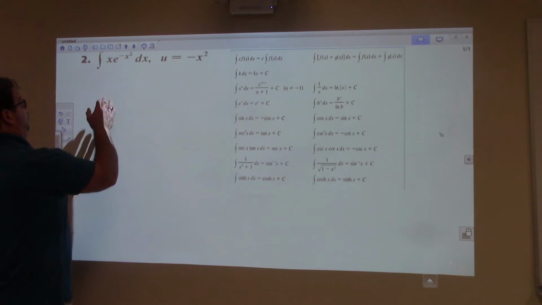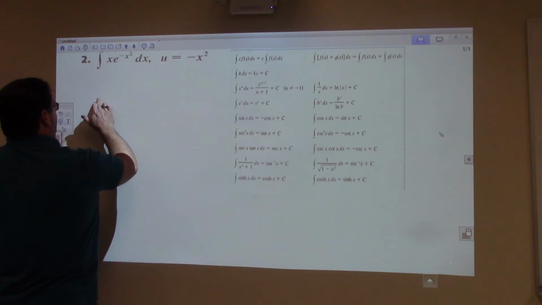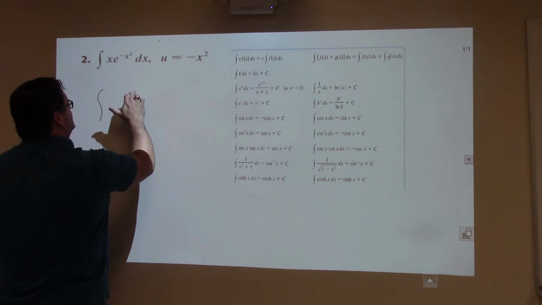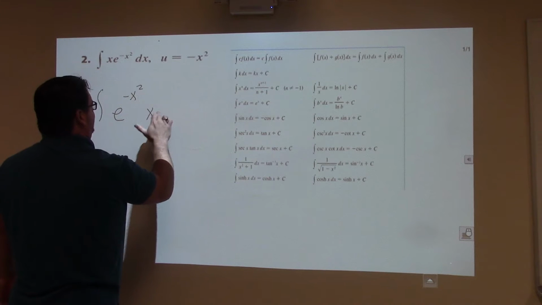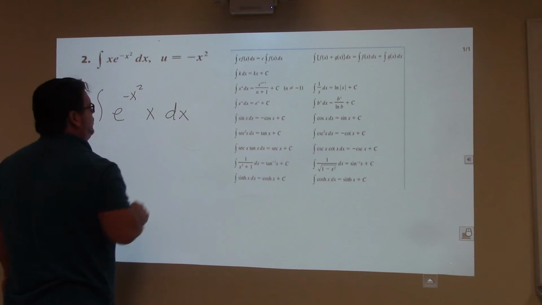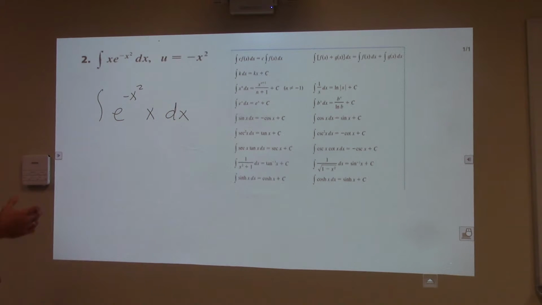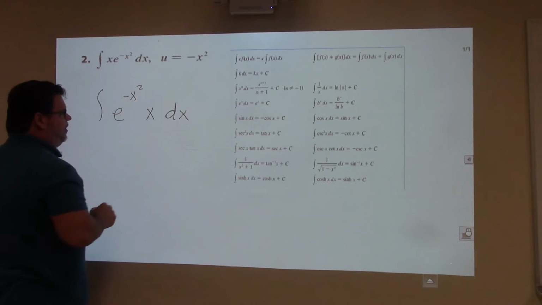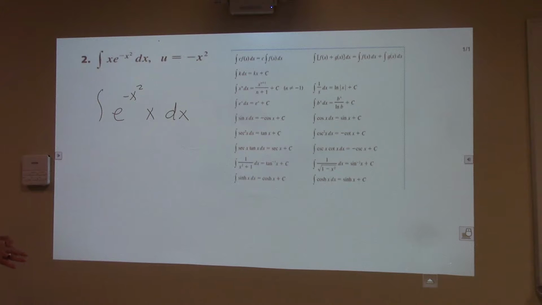But always rewrite this: e to the negative x squared, x dx. I always put what I'm not using for u with the dx because it may help. Oh, yeah, no, I see it.